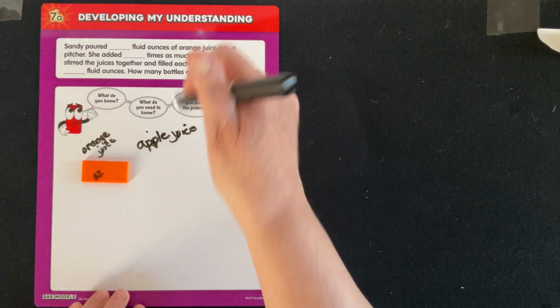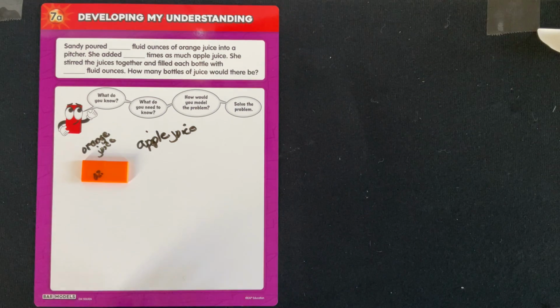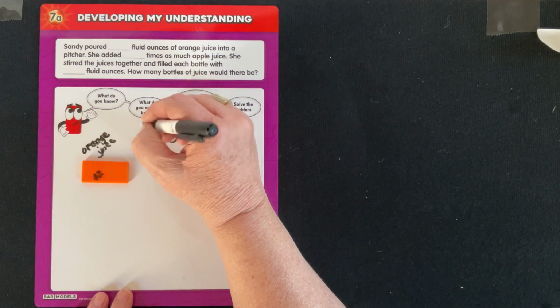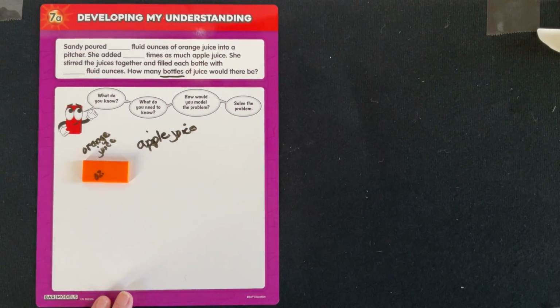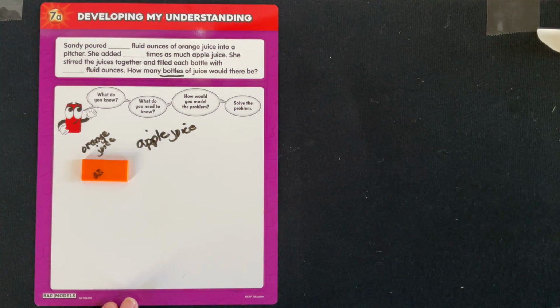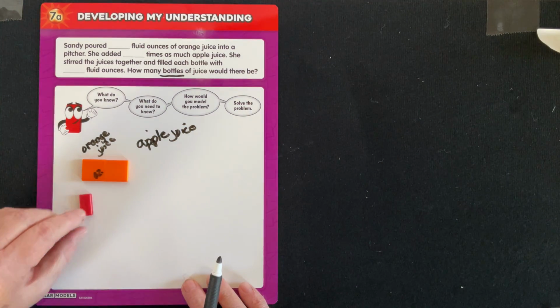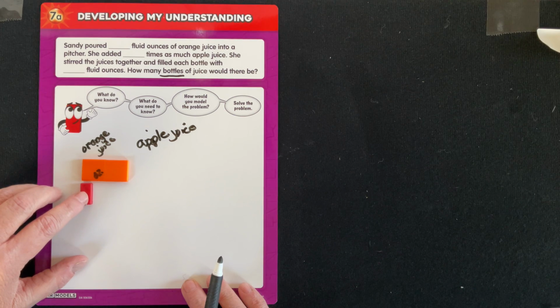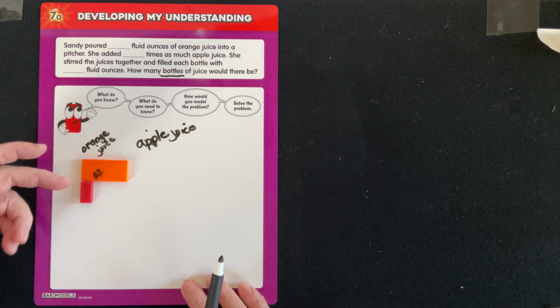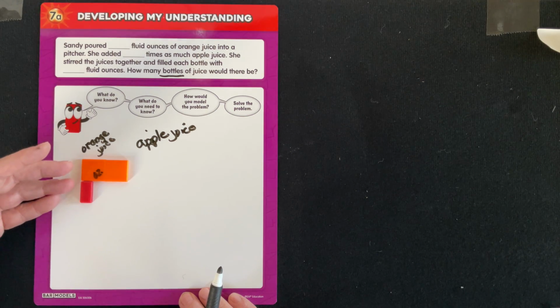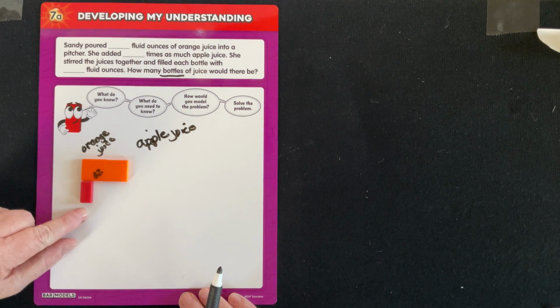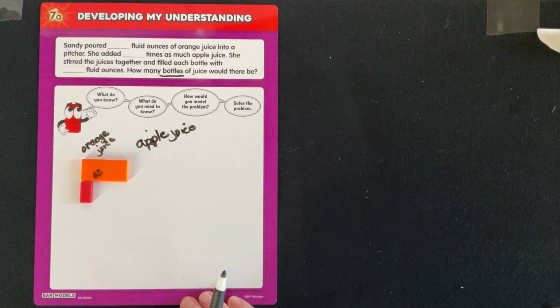Then it says that you filled each bottle with some fluid ounces. And what do we need to know? How many bottles of juice would there be? Remember in your teacher guide, it's telling you to use your orange bars for your orange juice and your apple juice, and then to use the red bars to represent the bottles.